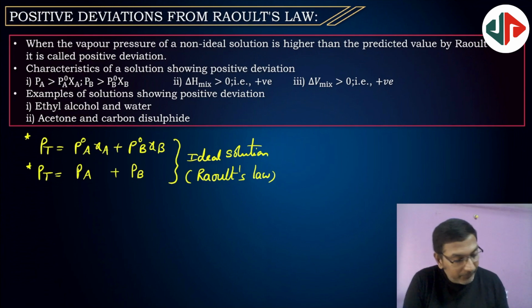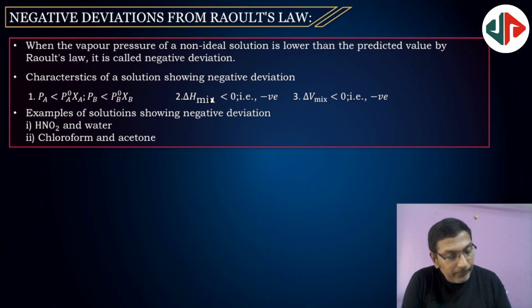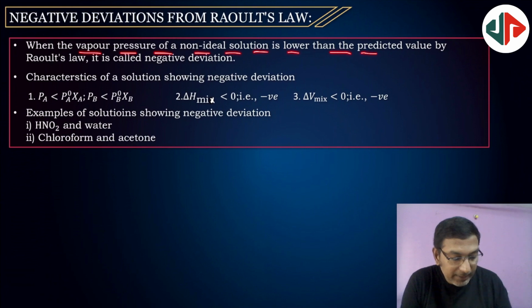Similarly, negative deviation. Negative deviation means vapor pressure of non-ideal solution is lower than that of the predicted value by Raoult's law. So here all are negative. PA less than P naught A XA, PB less than P naught B XB, delta H mixing less than 0, negative, delta V mixing less than 0, negative.